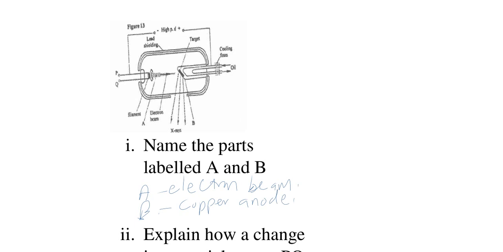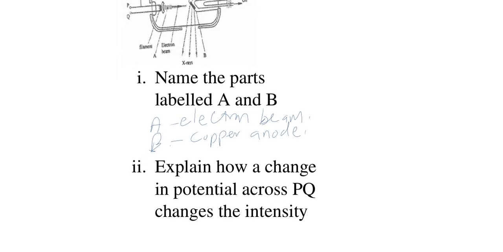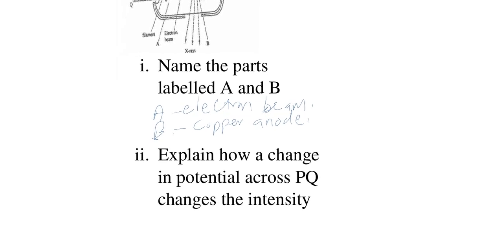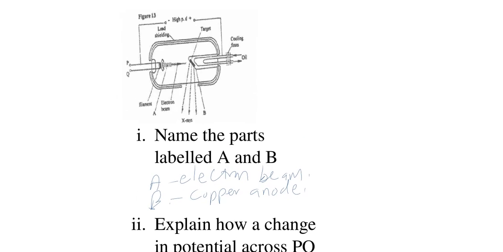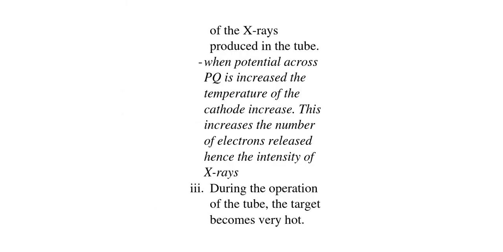Then we have Roman 2. Explain how a change in potential across PQ changes the intensity. So when we increase the potential between the points P and Q, the following effect will be observed on the intensity of X-rays produced in the tube.